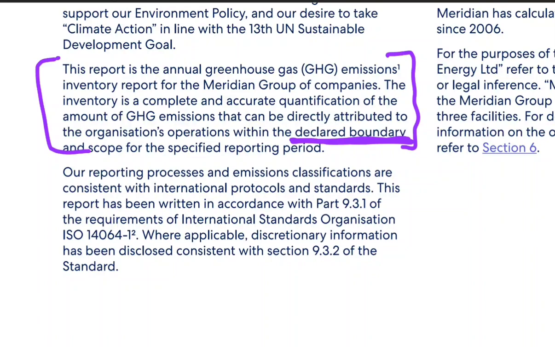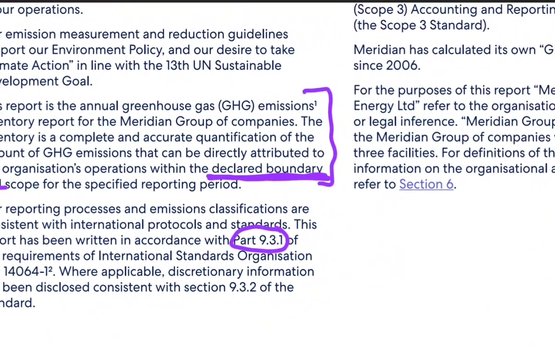We'll see those declared boundaries. The reporting standard is ISO 14064, you can see here. The reporting process and emission classifications are consistent with international protocol and standard, and the report has been written in accordance with part 9.3.1 of the requirements of the International Organization for Standardization ISO 14064.